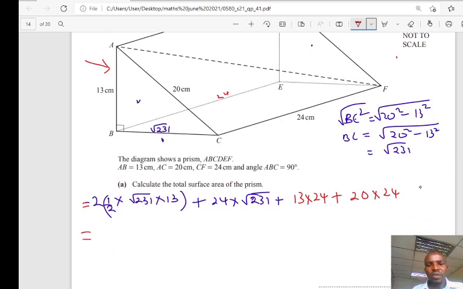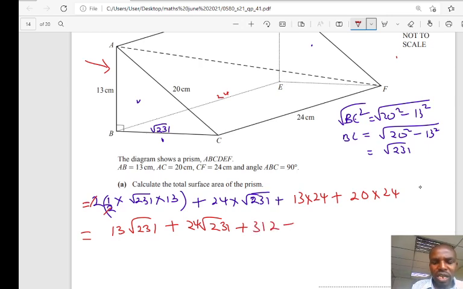Then you can simplify this. The 2 cancels out this 2. You'll be left with 13 root of 231 plus 24 times root of 231, plus 13 times 24, 312, plus 20 times 24, 480.